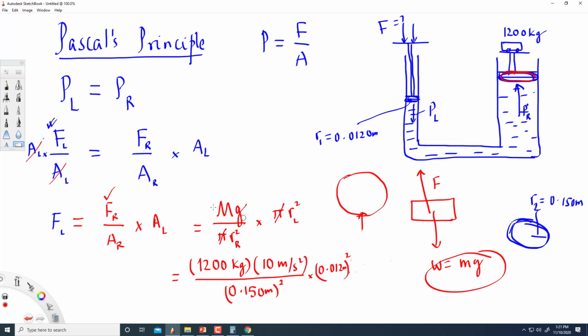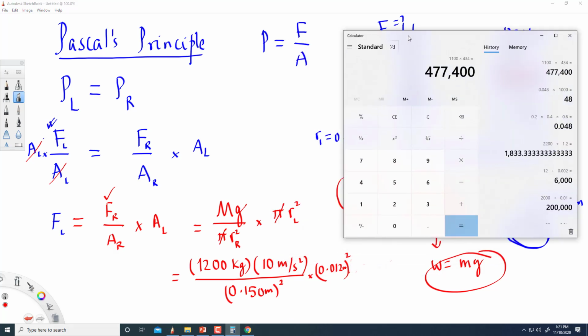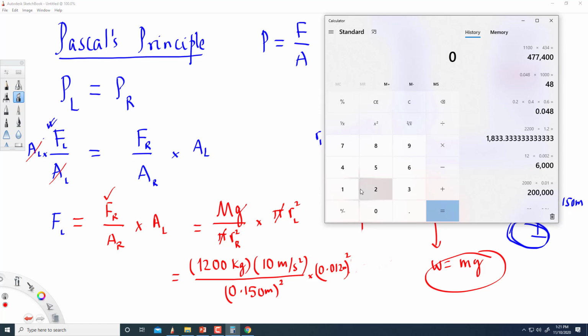So let's do the math. I can use a calculator to do that. So I have 1200 times 10 times 0.012 squared, divided by 0.15 squared.